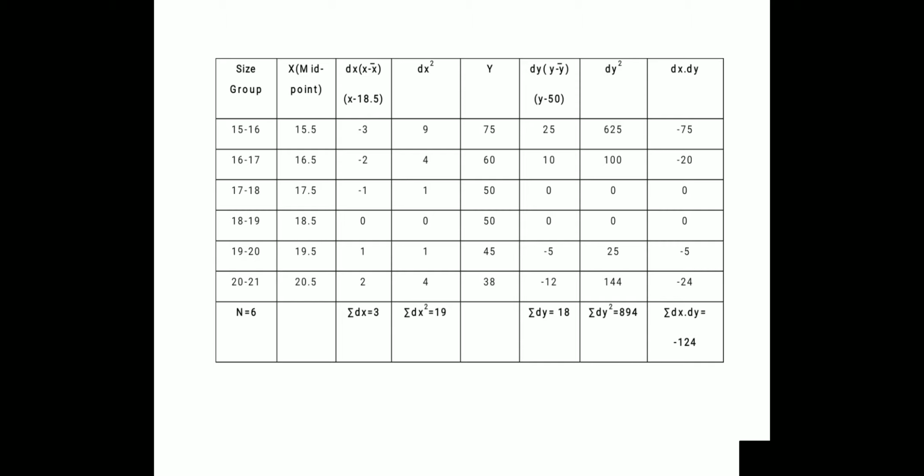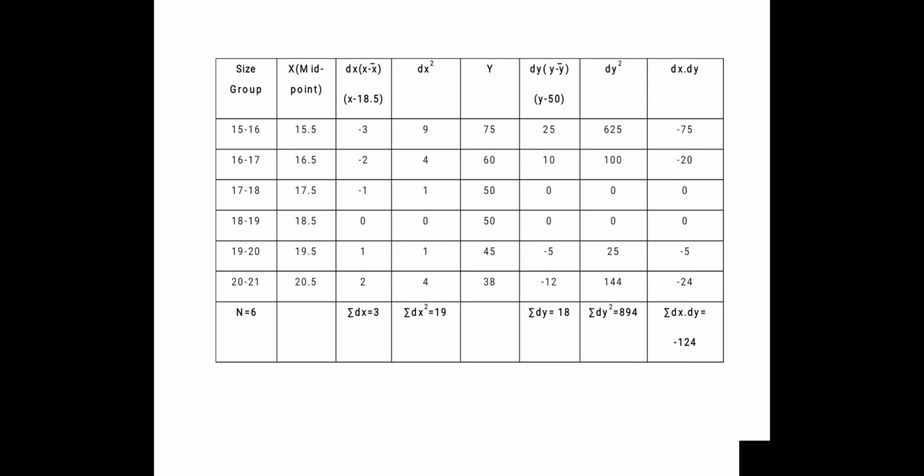Okay. So now x values, that is midpoints, are calculated, and you know that the midpoints are calculated in this way: if 15 to 16 is given, then 15 plus 16 divided by 2 will give us the midpoint of that particular class interval. The next calculation, that is dx and dx square, we have already discussed in the previous sessions also.